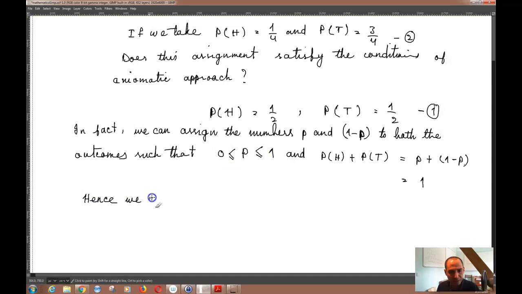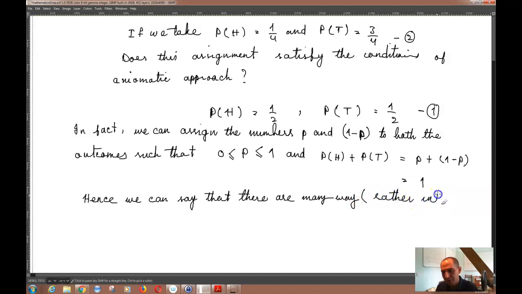Hence, we can say that there are many ways, rather infinite, to assign probabilities to outcomes of an experiment.